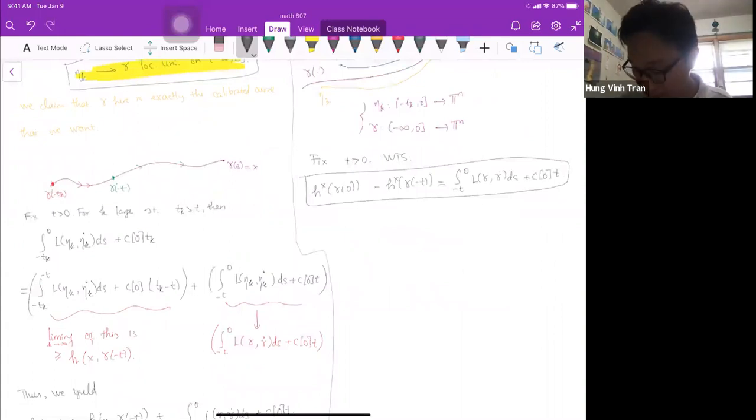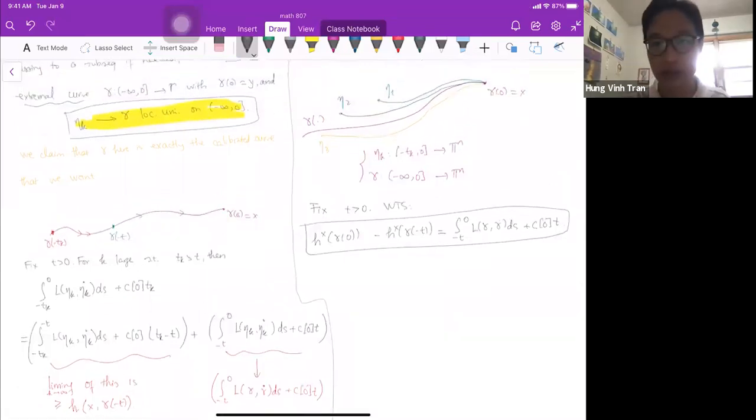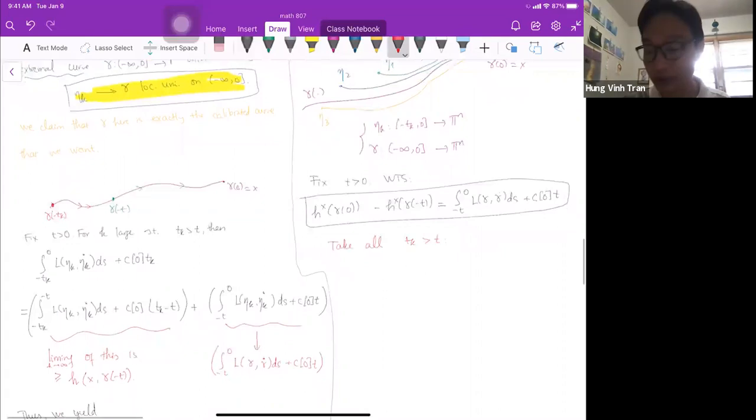Well, I have given you a schematic picture here. You can just take all tk greater than t, right? And then you start with the action functional from the bigger time. You would start with the action functional for eta k, this integral of eta k dot ds plus c naught tk.